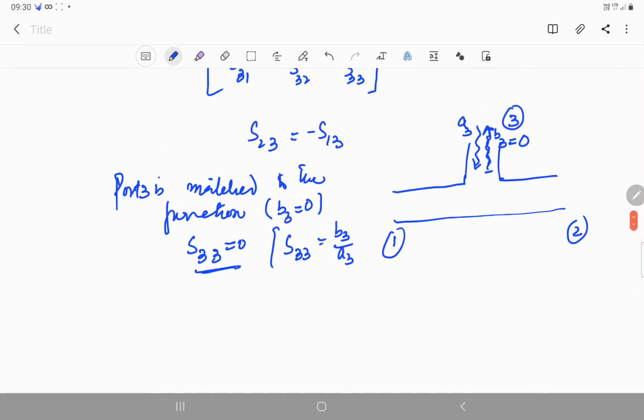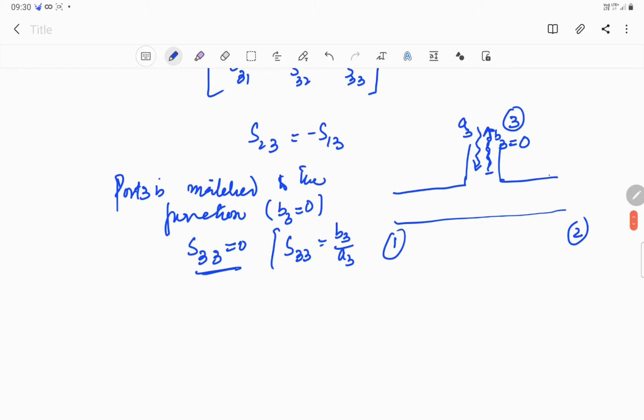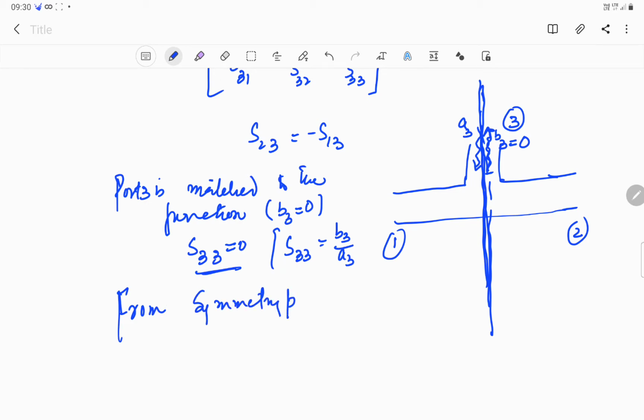Again, because it is a symmetric network, if I draw a plane here, this completely bisects it. It looks symmetric with respect to this plane. So I can use the symmetry property. From the symmetry property, as we know, the ijth element has to be the same as the jith element, or the transpose of the matrix is the same.